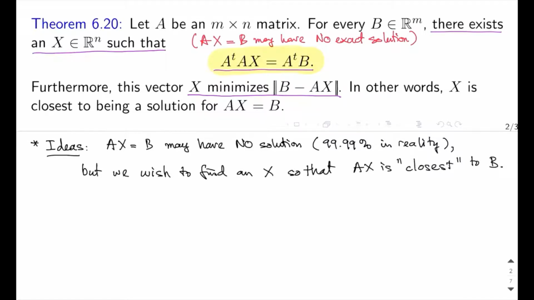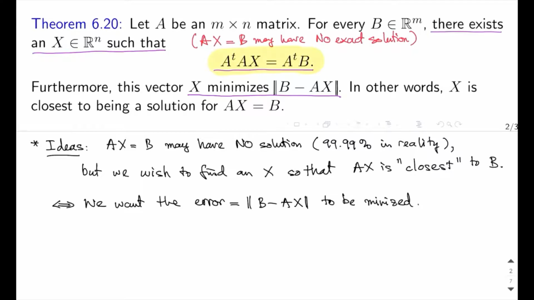This is equivalent to wanting the error, which is the difference between b and Ax, to be minimized.